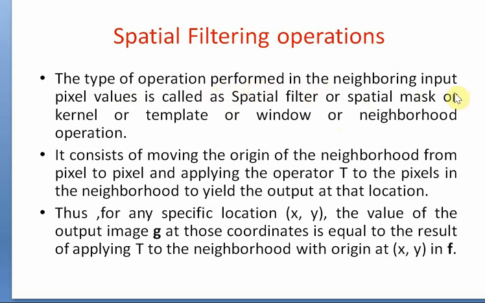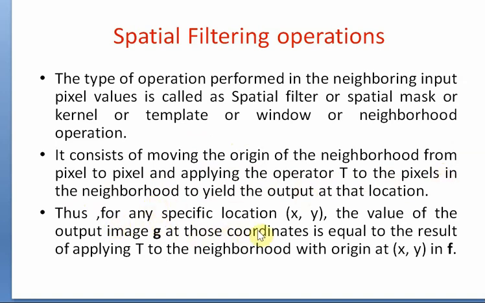So the definition for the spatial filtering operation is the type of operation performed on the neighboring input pixel values, called a spatial filter or spatial mask or kernel or template or window or neighborhood operation. These are the other names. It consists of moving the origin of the neighborhood from pixel to pixel and applying the operator T to the pixels in the neighborhood to yield the output at that location.